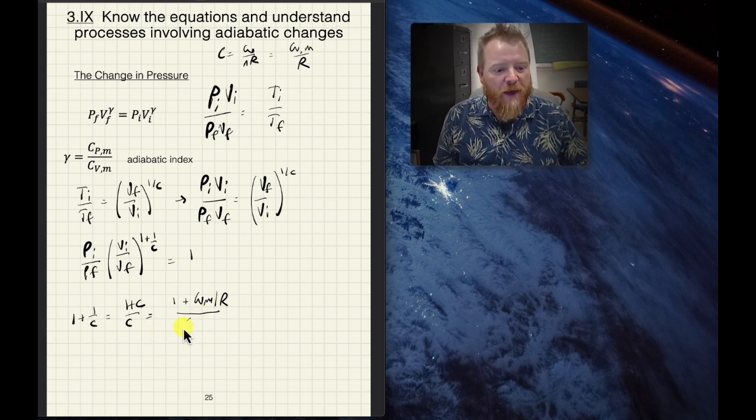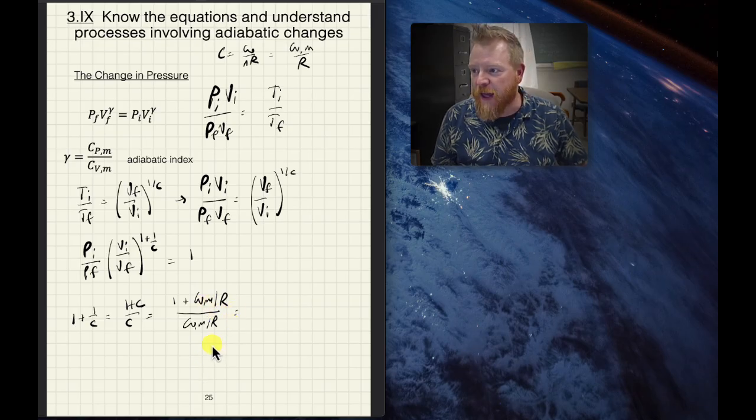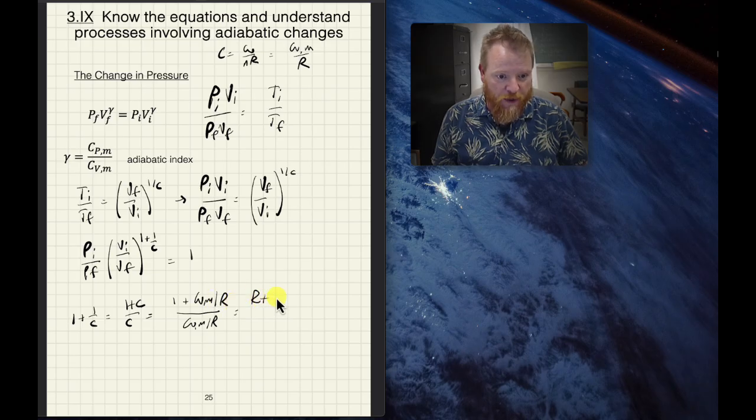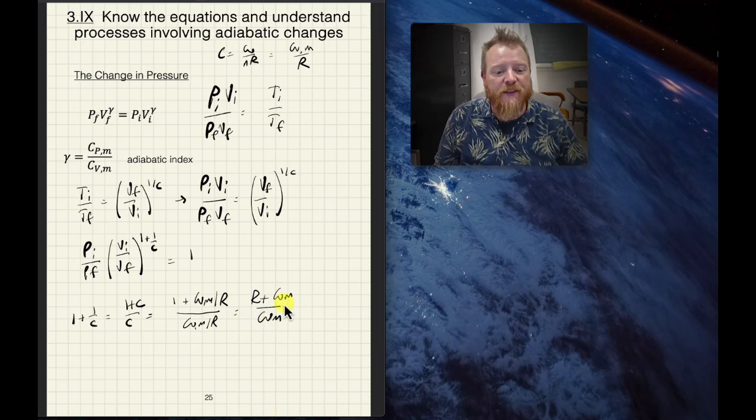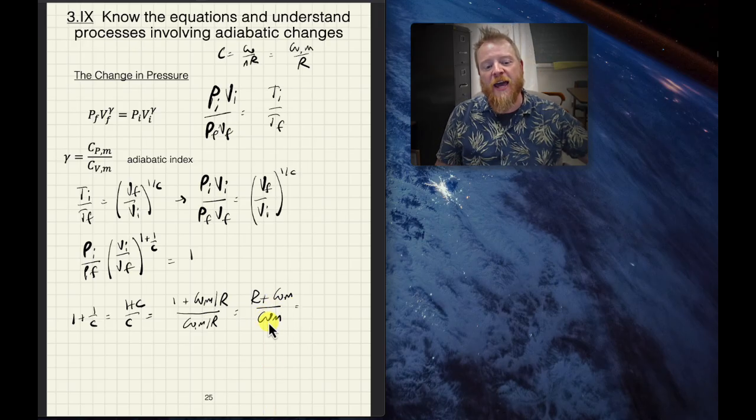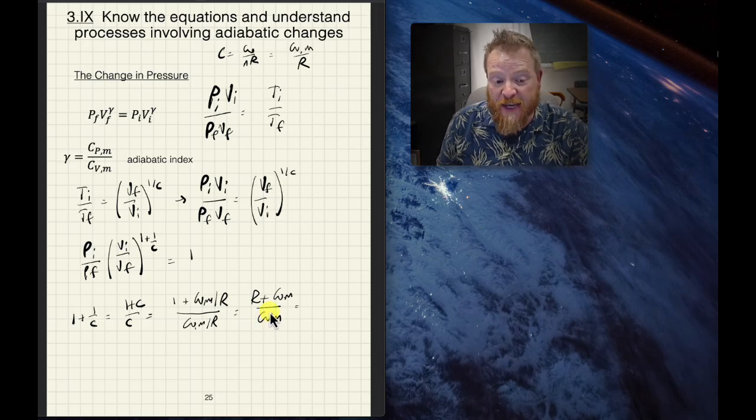Okay, so then now that's divided by CVM over R. Okay. And if we continue playing with this algebra, this will become R plus CVM over CVM. And this is pretty cool because earlier we said that the difference between CV and CP is 1 unit of R.